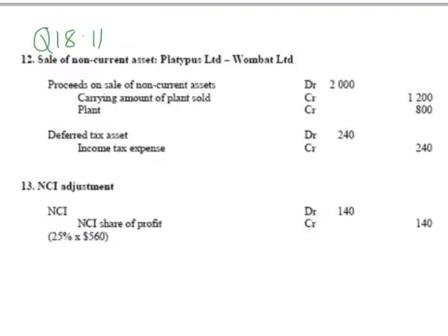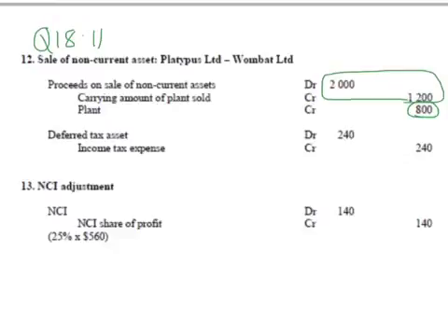The plant carrying value includes an amount of $800, which relates to the unrealized profit on this piece of plant, and we reverse that unrealized profit by adjusting the value of the plant down against the profit recorded in the accounting records of the selling company.